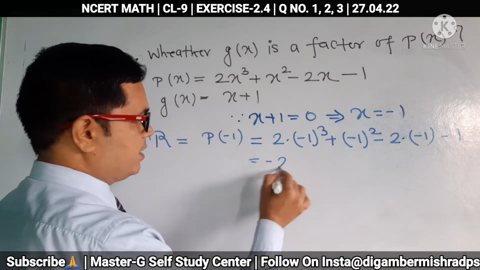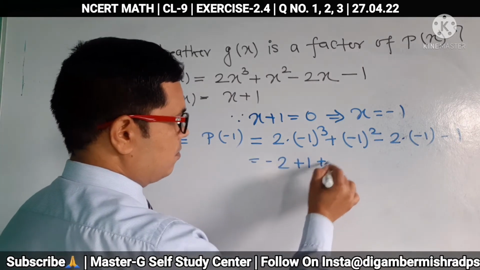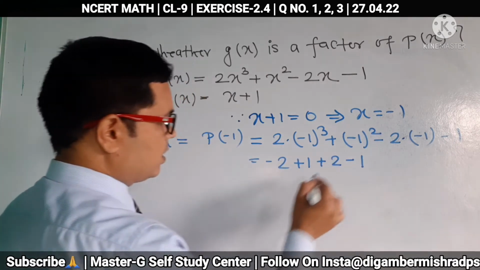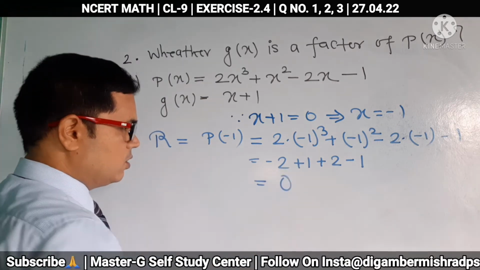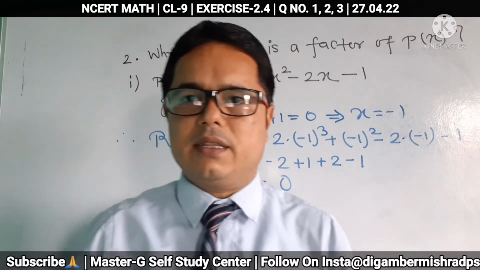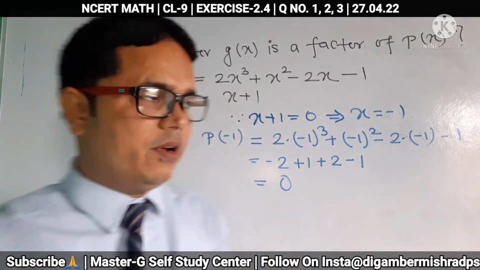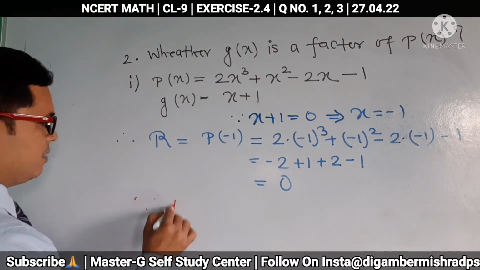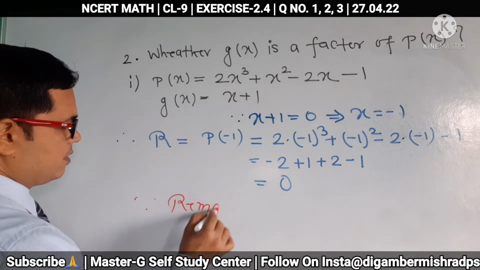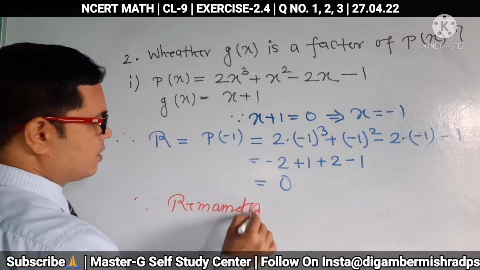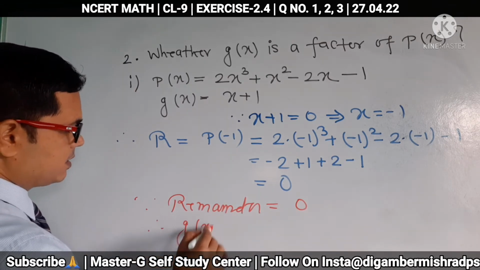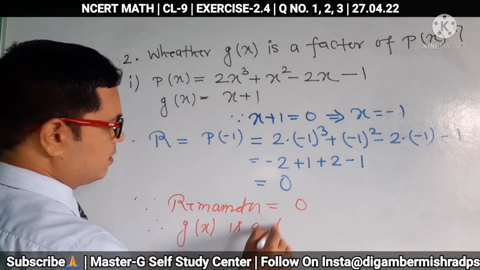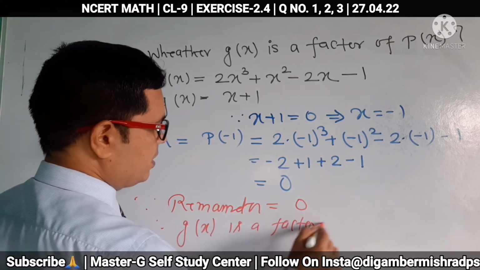So this will be minus 2 plus 1 plus 2 and minus 1. Minus 2 plus 2 is 0, and plus 1 minus 1 is also 0. So what we are seeing here is that the remainder is 0. So we will write, since the remainder is equal to 0, therefore in this case g(x) is a factor of p(x).